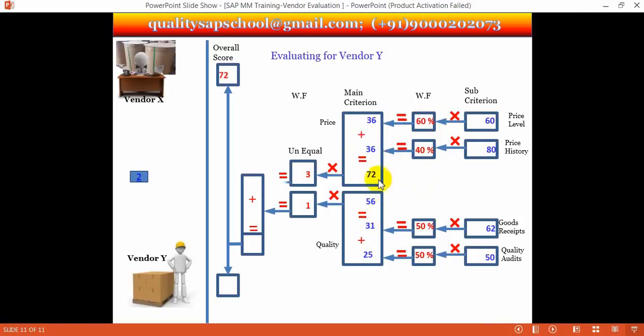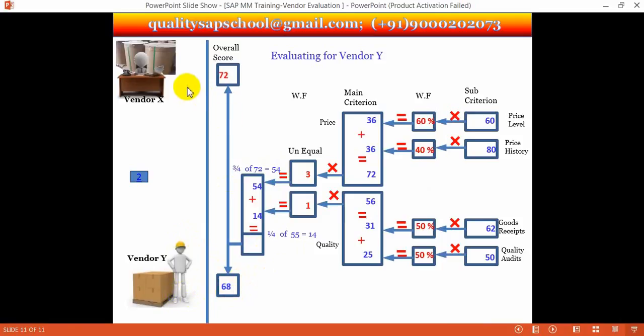Now this will be calculated with the other weightage factors. With 3 by 4 of 72 is 54 and 1 by 4 of 56 is 14. So 54 plus 14 gives 68. Now this 68 scoring points is awarded to this vendor Y.